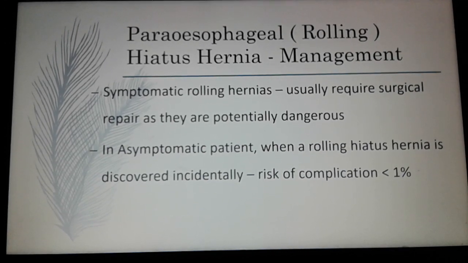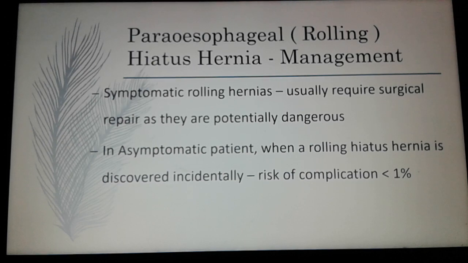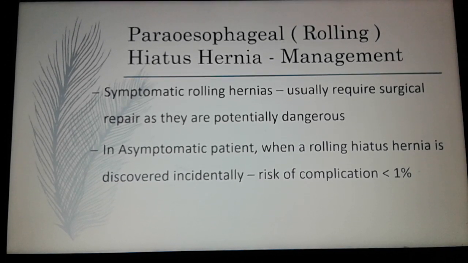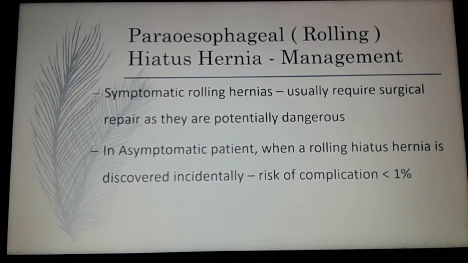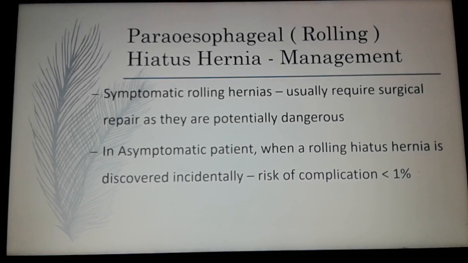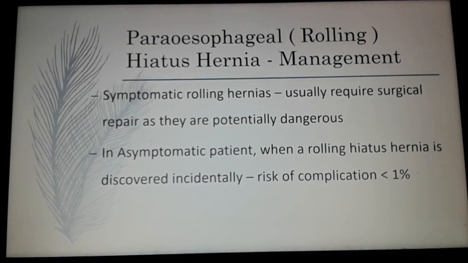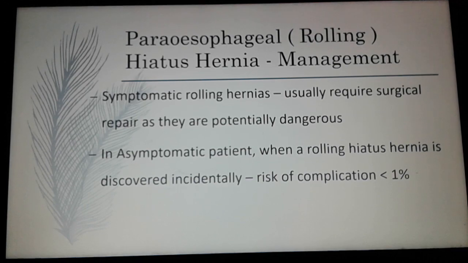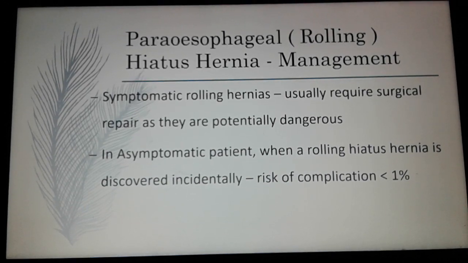Now let's come to the management part. Rolling hiatus hernia, paraesophageal. Now there are basically two types of patient for managing this hernia. First one is asymptomatic patient and second one is symptomatic patients.